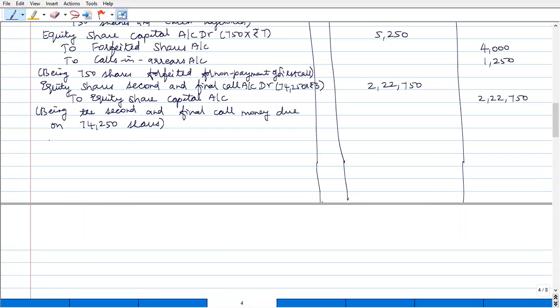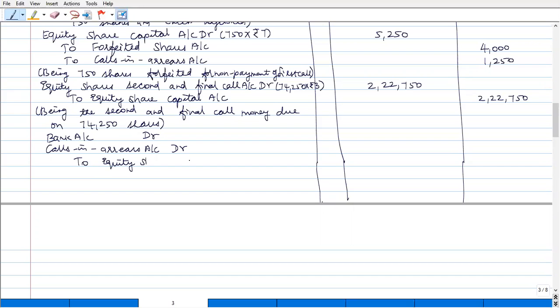Now we'll write bank account debit. We have calls in arrears. So calls in arrears account debit to equity shares second and final call account. So we have this 2,250 as the calls in arrears amount, that is she has not paid.